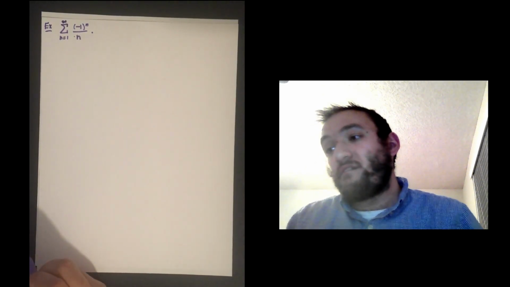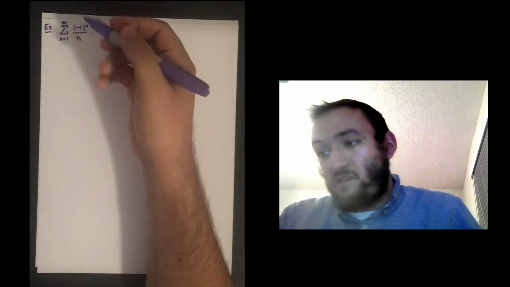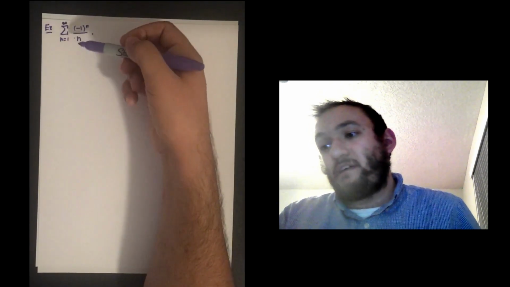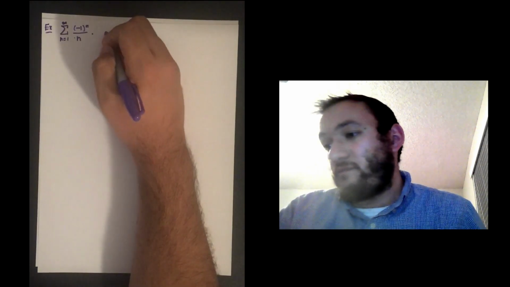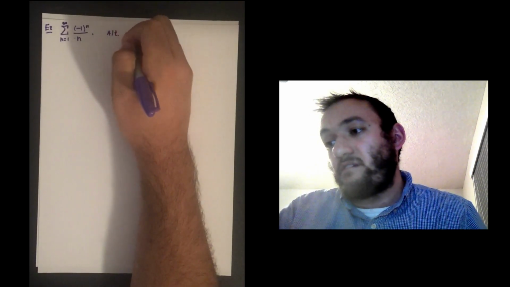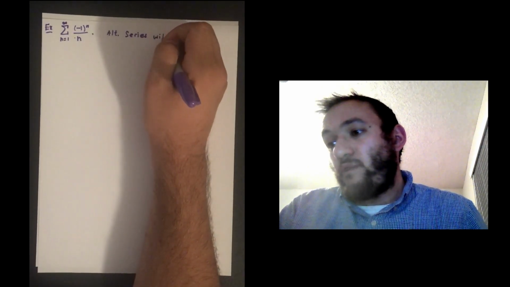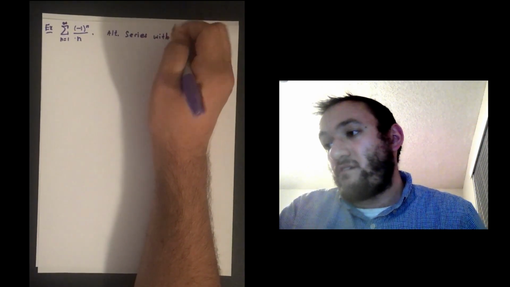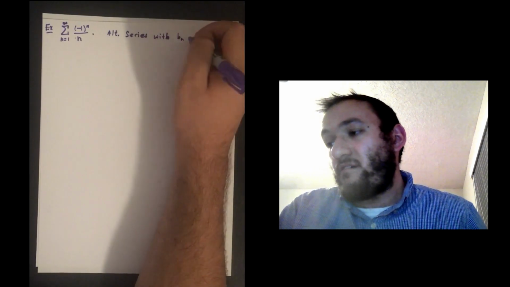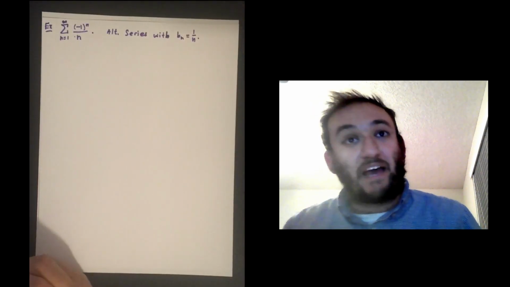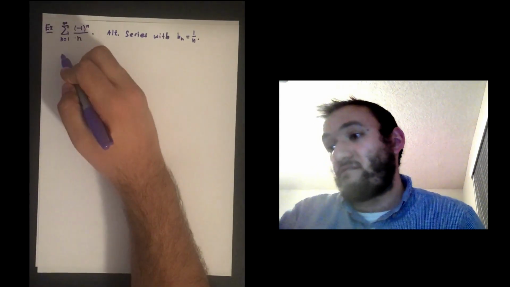Well, looking at this sequence, I can see that this is clearly an alternating series. Okay, so this is an alternating series with Bn equals 1 over n. Okay, so let's apply the alternating series test.